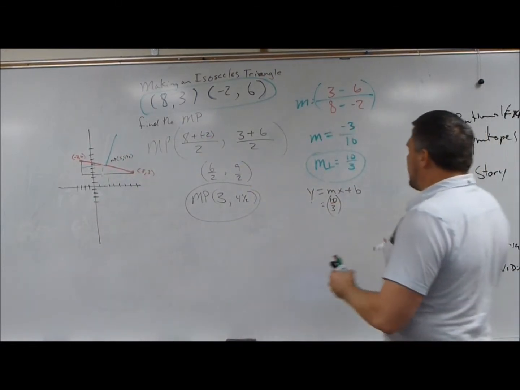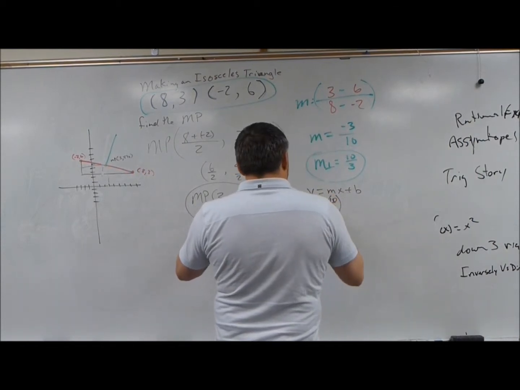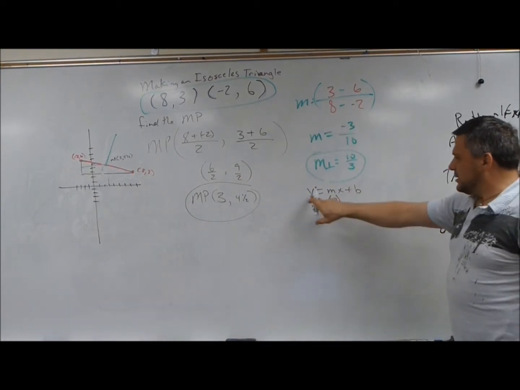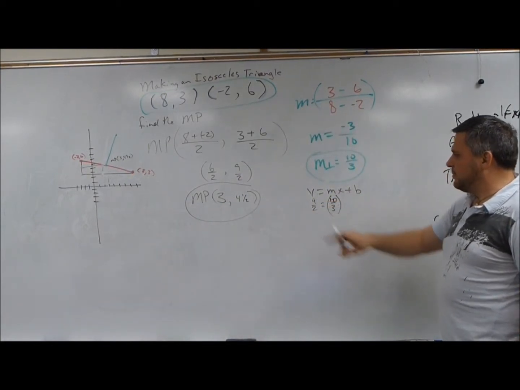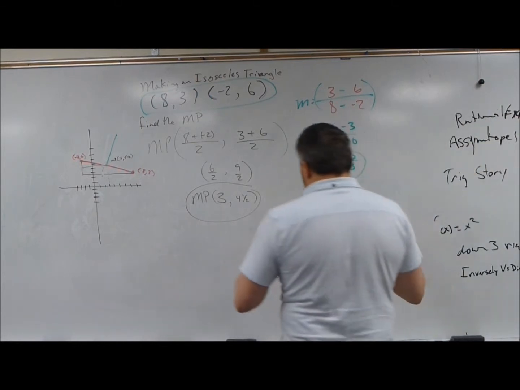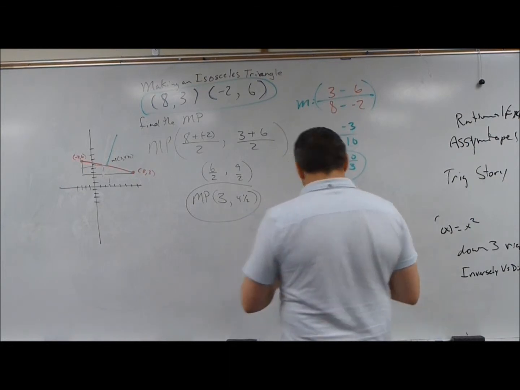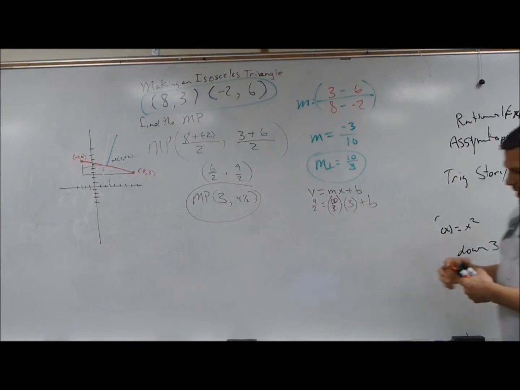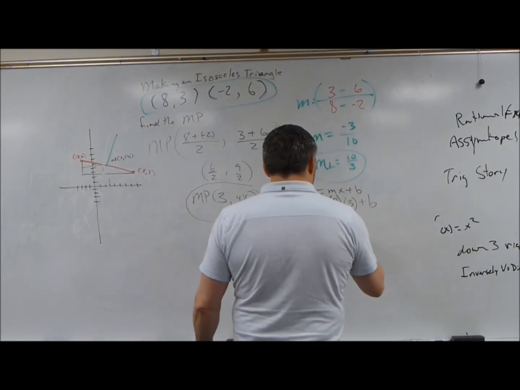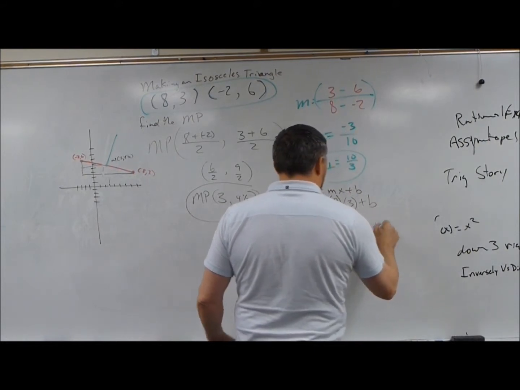So at that y and x, y is 4.5, and I'm going to write this as 9 over 2 because I like the math better when we're doing fractions. It'll come out nicer. So 3 plus b. Okay? So now I've got 9 over 2 equals 30 over 3 plus b.